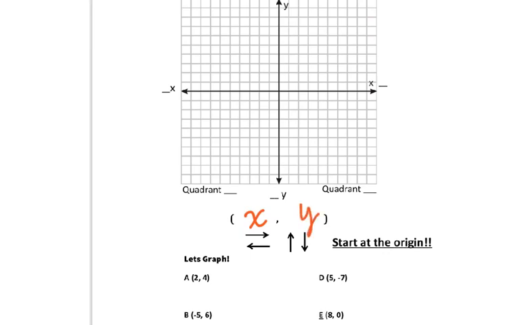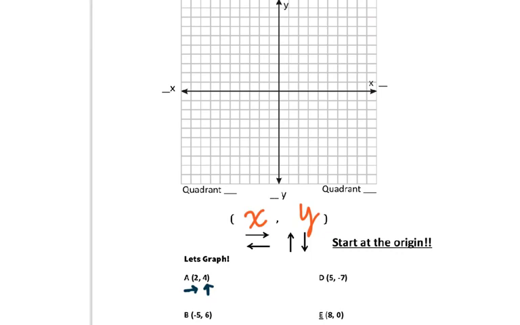So if we look at letter A, it says we need to graph 2, 4. 2 is a positive number. It's an x value. X comes first. So we're going to put an arrow saying we need to move to the right. 4 is also a positive number. So I'm going to go and put an arrow going up. So we have the ordered pair, 2, 4.